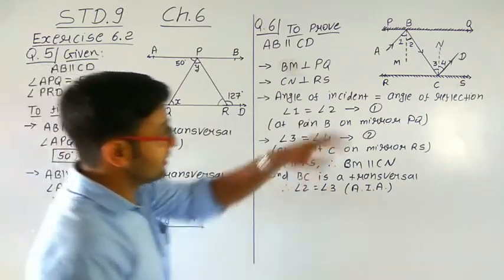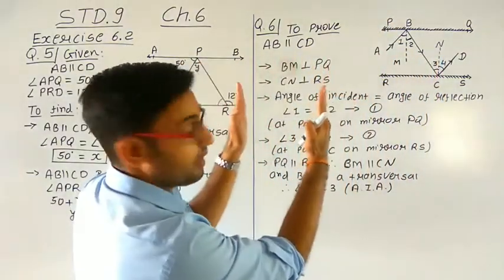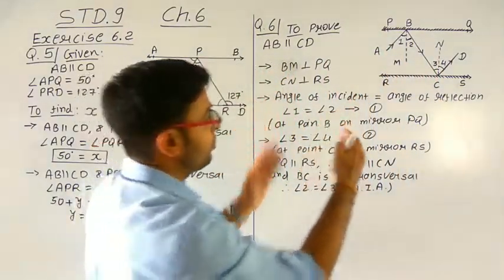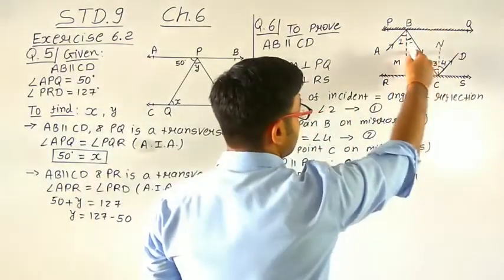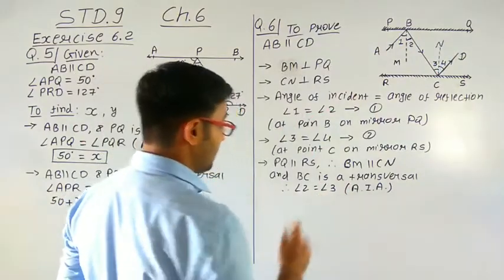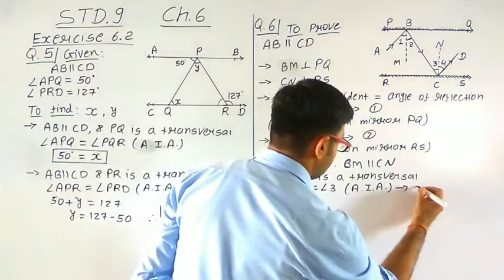Understand it carefully. This is BM, this is CN. Two lines are parallel, and BC is the transversal. So, see, a Z is formed here. Both angles 2 and 3 have the same value according to alternate interior angles. Give it equation number 3.